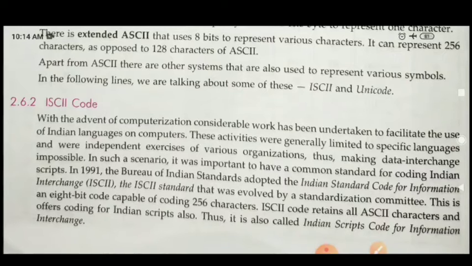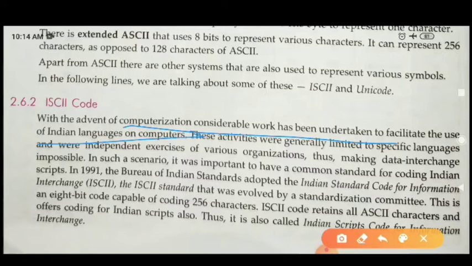With the advent of computers, considerable work has been undertaken to facilitate the use of Indian languages on computers.